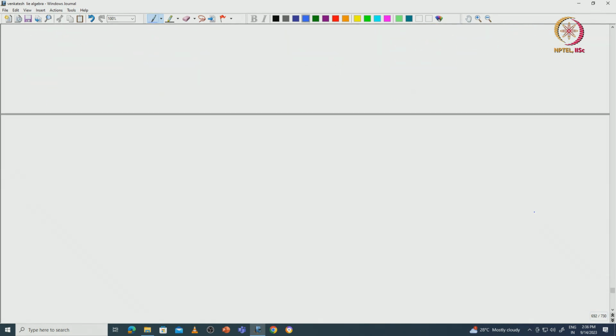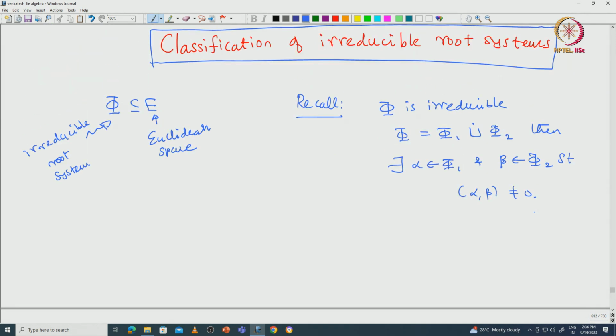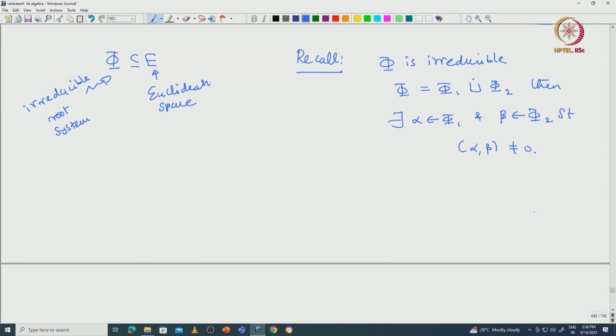We also defined a Coxeter graph associated with this root system phi. So recall what the Coxeter graph of this phi is. It has vertices as the pi system, sorry, the base that is chosen in phi.